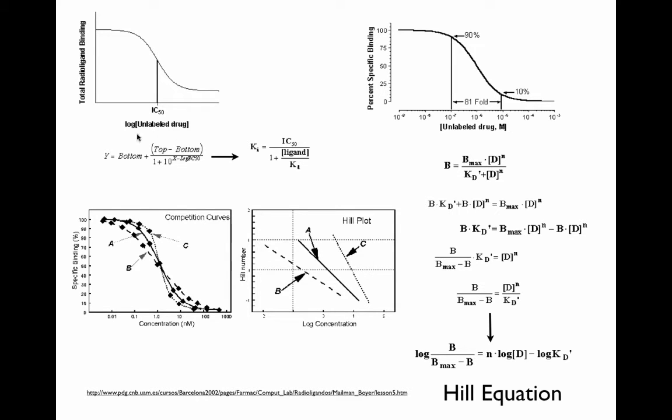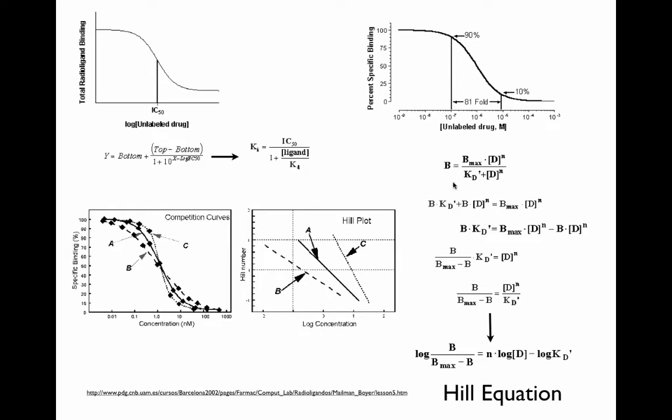These are 4 parameter curves where the bottom is here, the top is the Bmax, and this slope is the Hill coefficient. And there's a 4th parameter, which is this IC50. So those are your 4 parameters: top, bottom, Hill slope, and the IC50, or affinity, KD.